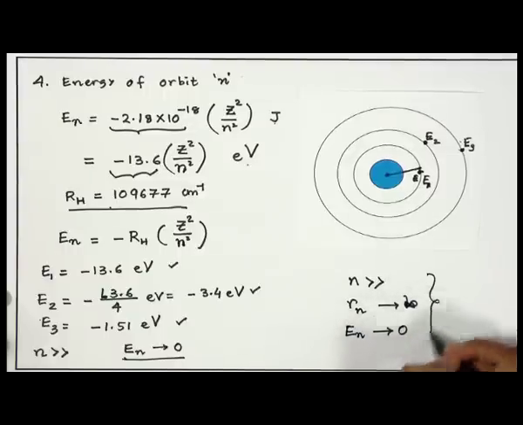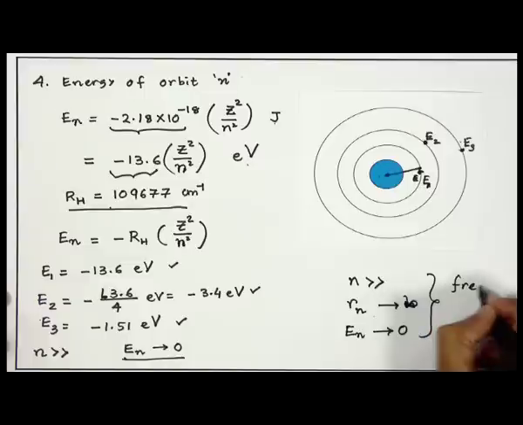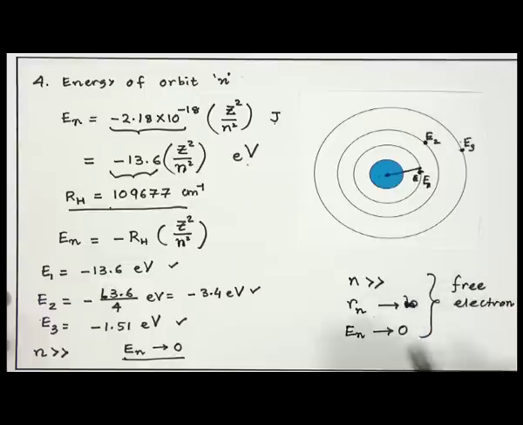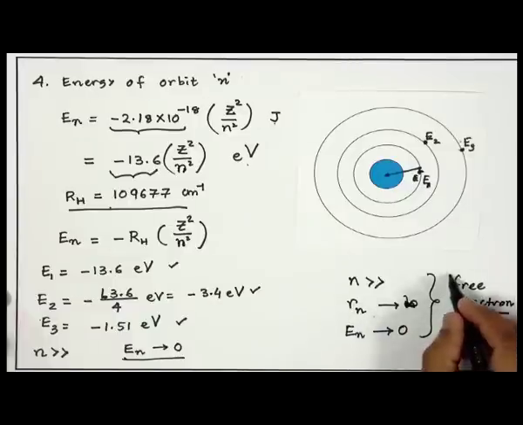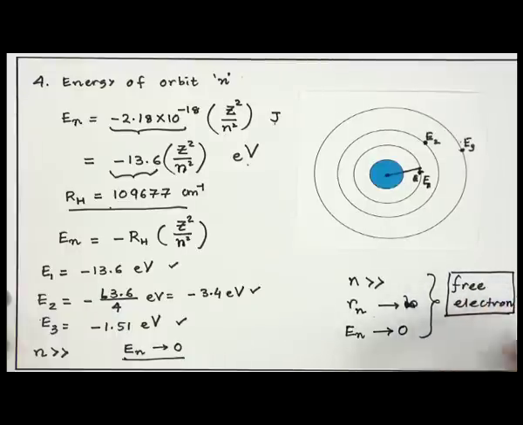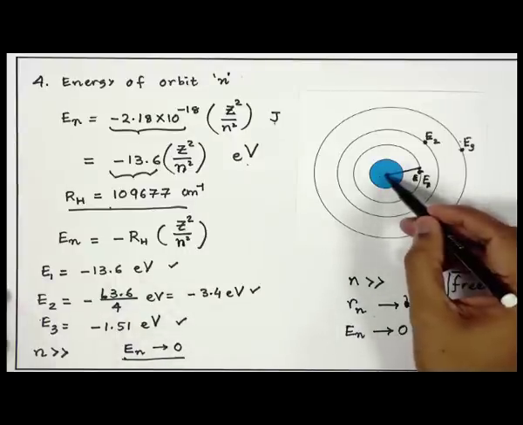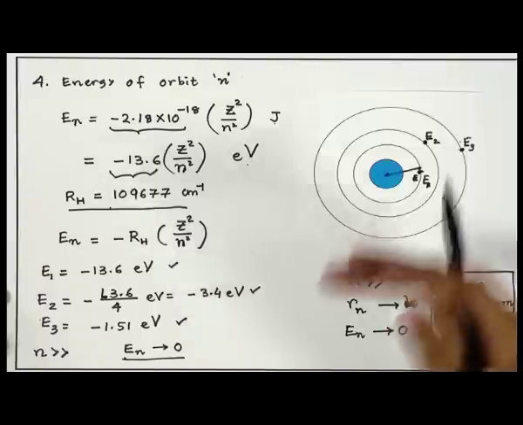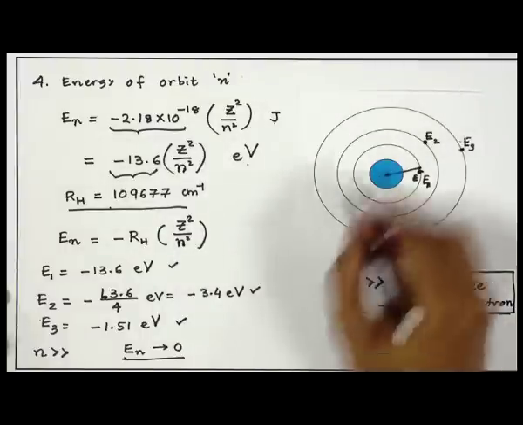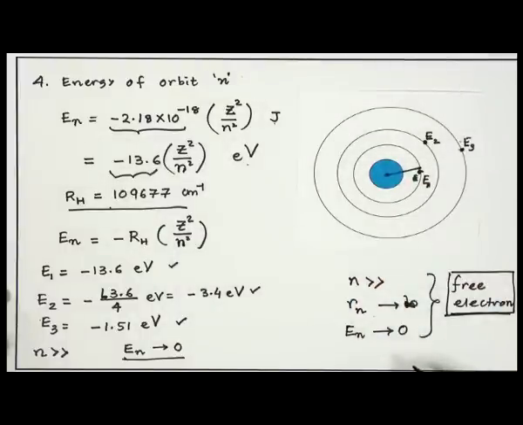This is a state that we call a free electron. The electron has completely escaped the field of the nucleus and it is moving freely. It has no connection with the nucleus anymore, and we call that a free electron. The atom is said to be ionized, as the electron has completely left the sphere of influence of the nucleus.